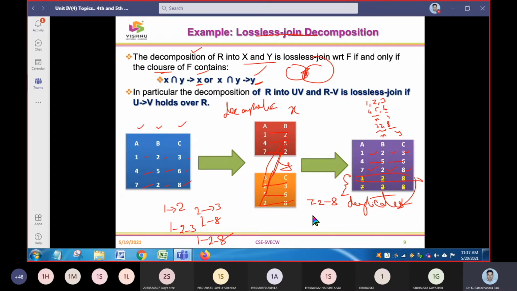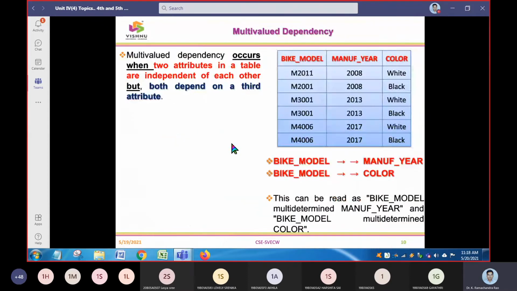But again I have 7, 2, 3, which is a duplicate, and the relation is going to be formed. Data is existing, but there is a drawback, that is lossy data.